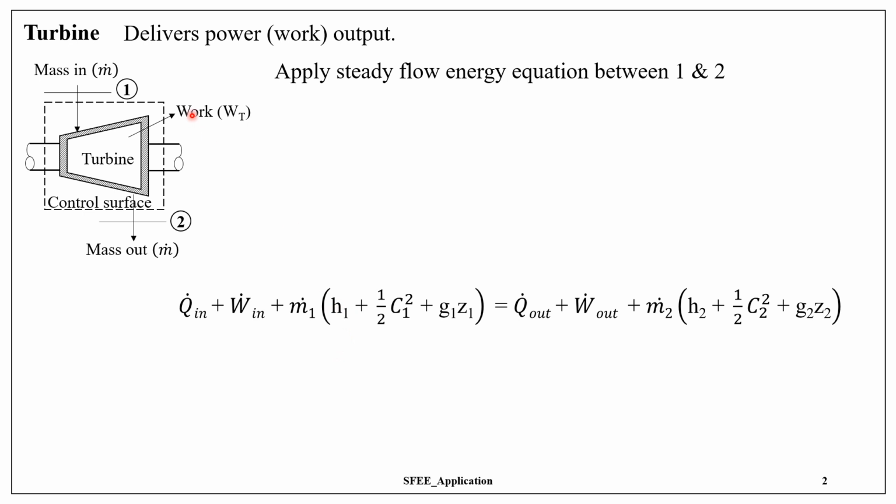H1 is the enthalpy the mass carries at the inlet. C1 is the velocity of the mass at the inlet. Z1 is the elevation of the section 1 from an arbitrary reference. So on the right hand side of the equation are the corresponding terms at the exit or the outlet of the turbine.